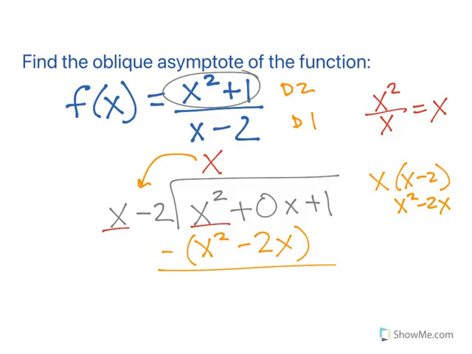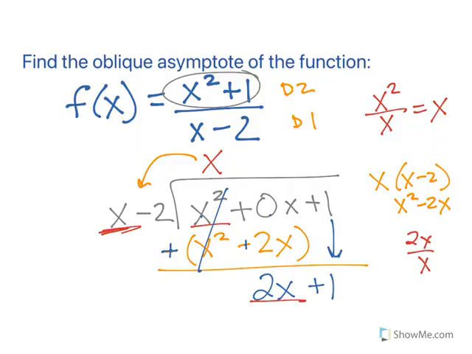Now, I subtract, and I'm subtracting the whole thing. So I'm going to have x squared minus x squared. Well, that's the whole point, those go away. Then I have 0 minus a negative. Well, two negatives is a positive. So I have left 2x, and I'll bring down my plus 1. And then we do it again. So I have 2x divided by x.